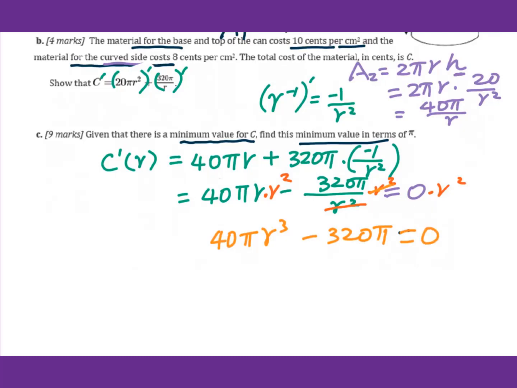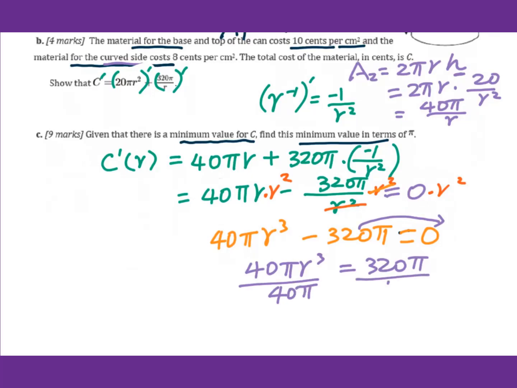Then this is a power equation. So we add 320 pi to both sides. You will get 40 pi r to the third power equals 320 pi. Then divide by 40 pi on both sides. You will get r to the third power equals 8. Therefore, r equals 2.